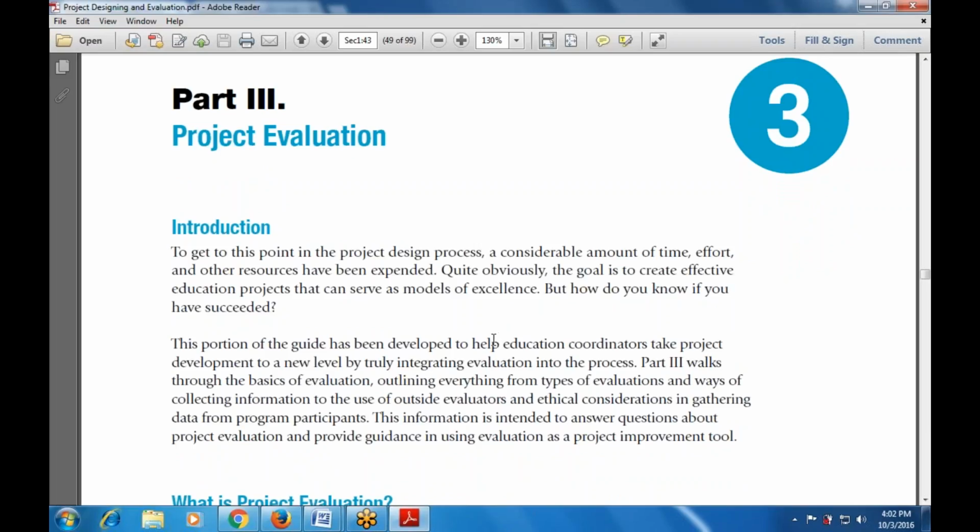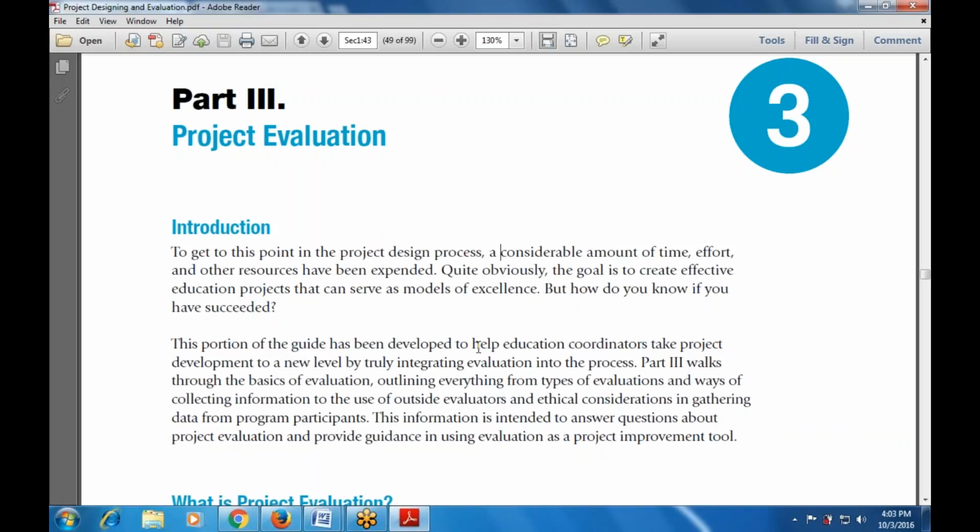So part number 3 works through the basics of evaluation, outlining everything from the types of evaluation and the ways of collecting information to the use of outside evaluators, and ethical considerations for program participants. It also provides guidance on using evaluation as a project improvement tool.